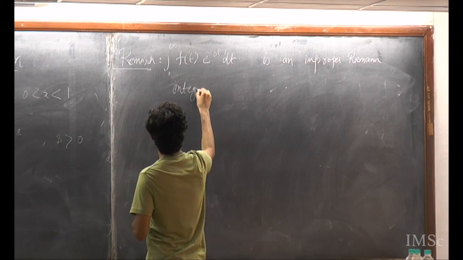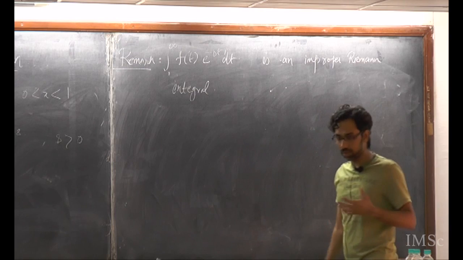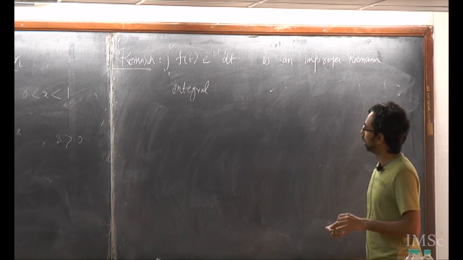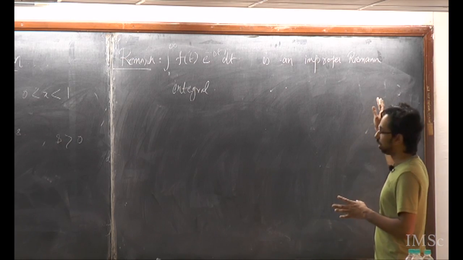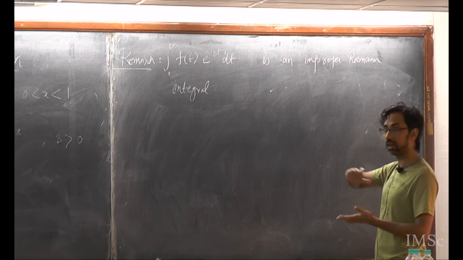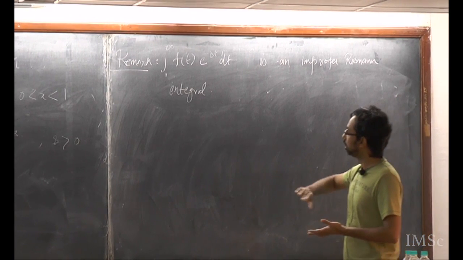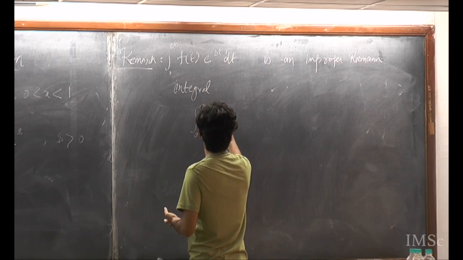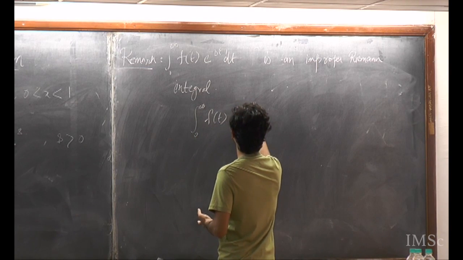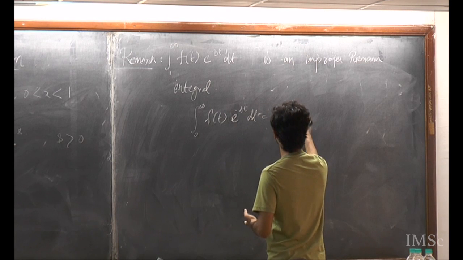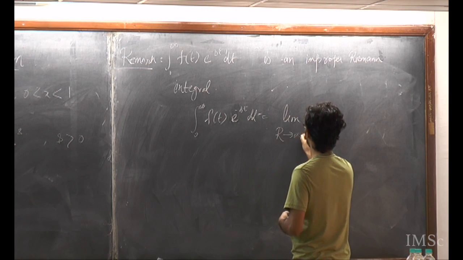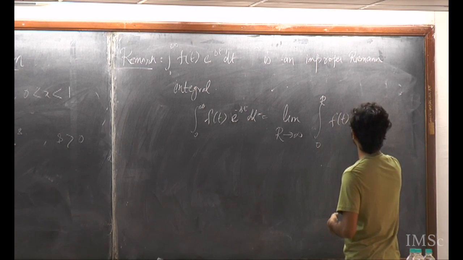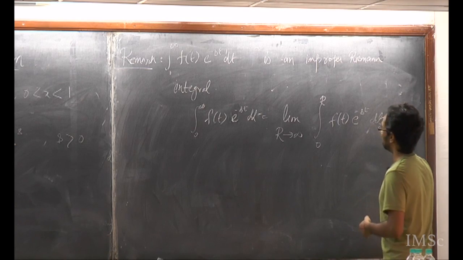So when you're talking about integrals, there are many ways to define an integral, and the Riemann integration is the most basic one. But usually when you're defining a Riemann integral, you have finite limits of integration, right? Now to define 0 to infinity, this is by definition the limit as r tends to infinity of the integral from 0 to r of f(t) e^(-st) dt.